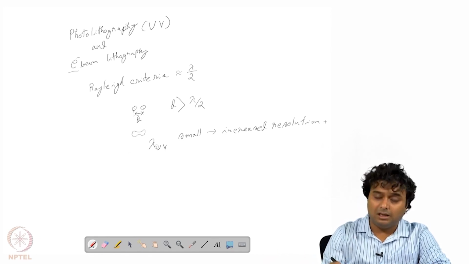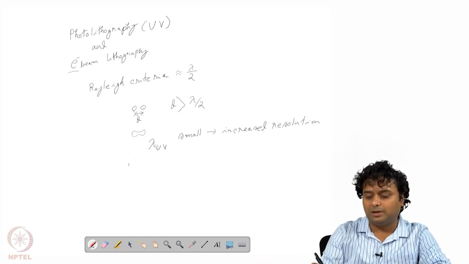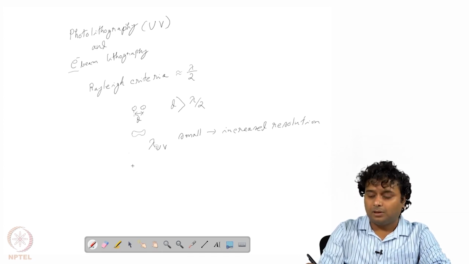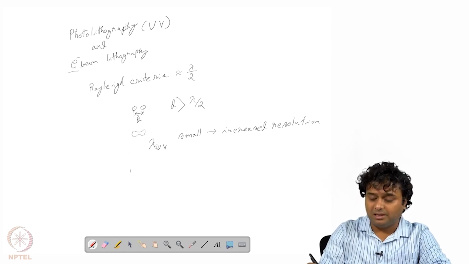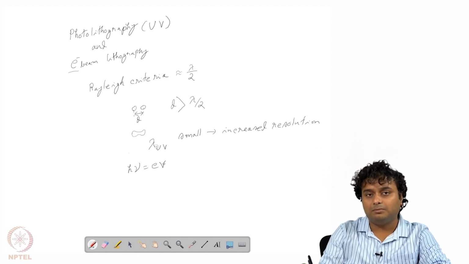And for electron beam, from quantum mechanics, from wave-particle duality, we can define the wavelength of an electron beam by this formulation: h nu equals eV, where e is the electron charge and V is the applied voltage. So, we can create an electron beam using a high voltage.